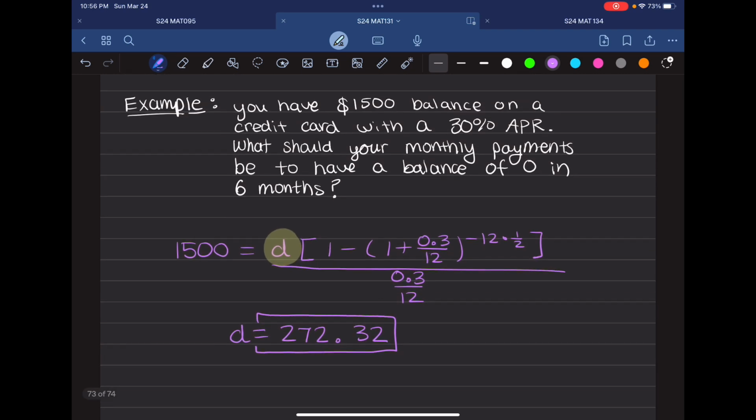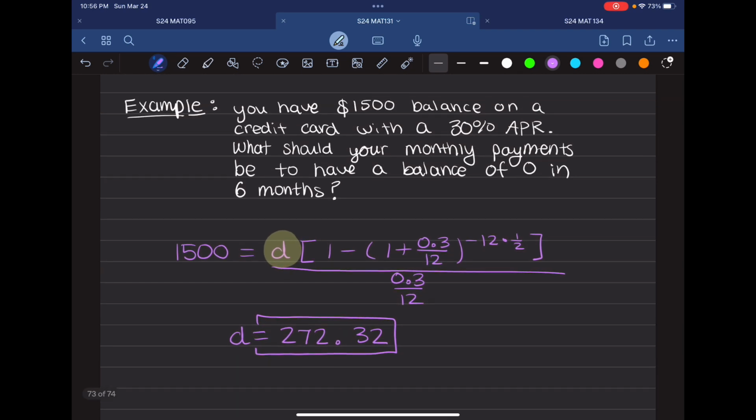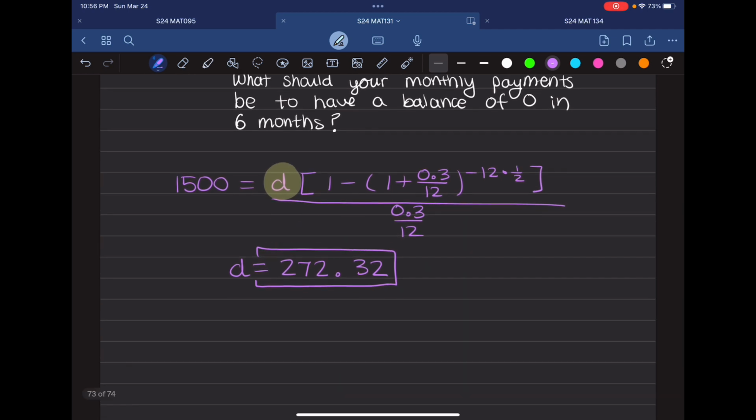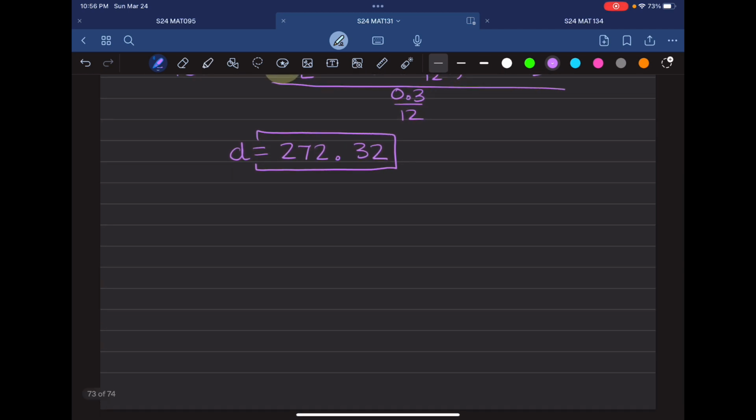This is all that the question was asking for us to solve for, but I just want to make a couple comments. If we try to calculate the total that we end up paying over these 6 months, you can take the 272.32 and multiply by 6, because you're making 6 payments, right? They're monthly payments. And you'll end up getting that the amount that you spend in total is $1,633.92.